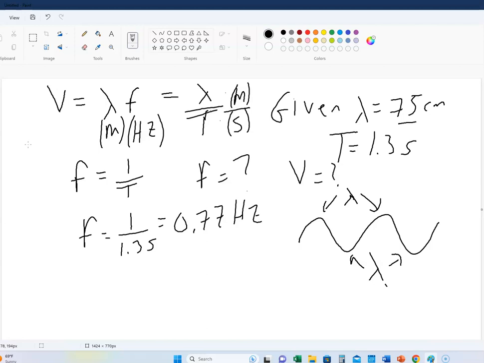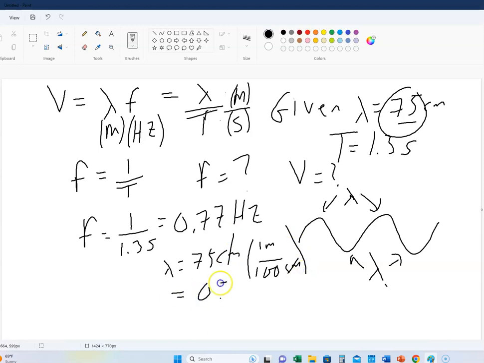The only thing is we have to change lambda from centimeters to meters, but that's pretty easy to do. I know that lambda is 75 centimeters, and in 1 meter there are 100 centimeters. The centimeters cancel, and so this is just 0.75 meters.